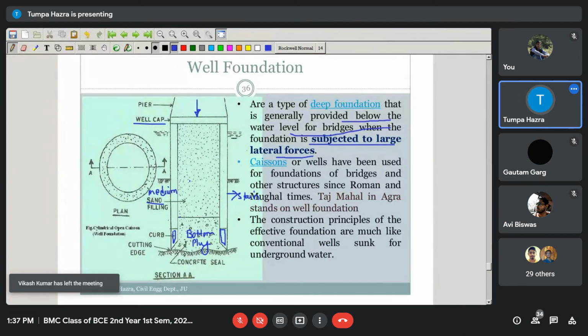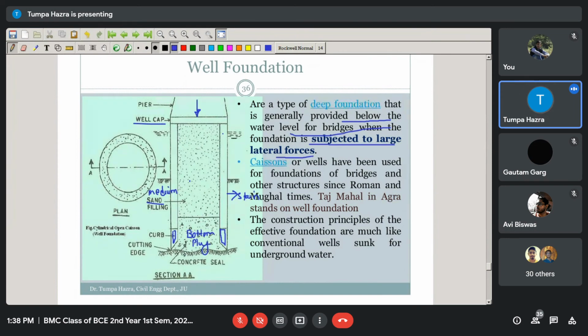And at first the bottom portion is sealed by concrete, which is known as the bottom plug. This is a hollow structure at first. Then the staining portions are filled with medium sand, up to above the maximum water level, the flood level of the river.